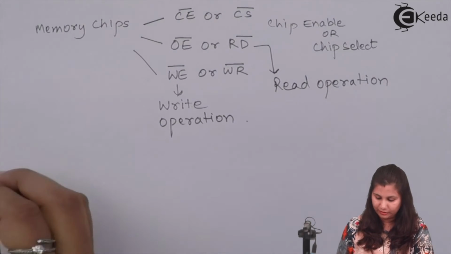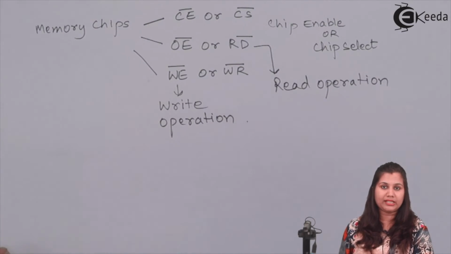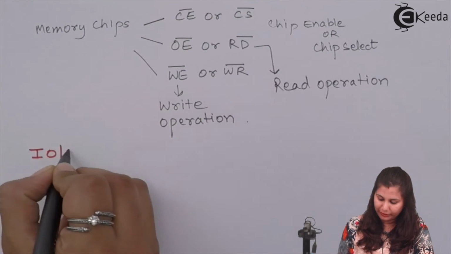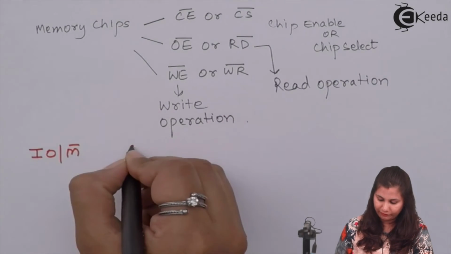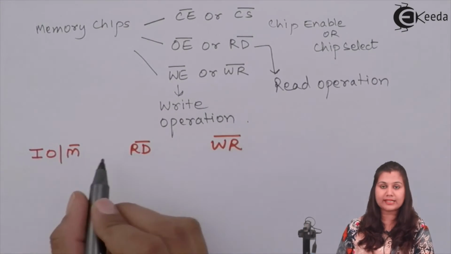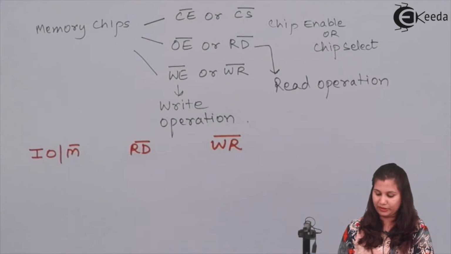Now, let's see what the value of these signals will be to perform the read and write operations. We have the input output or memory signal, then the read signal and the write signal. These three signals are from the microprocessor.